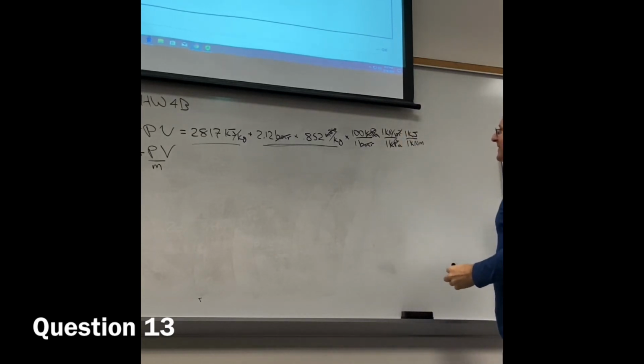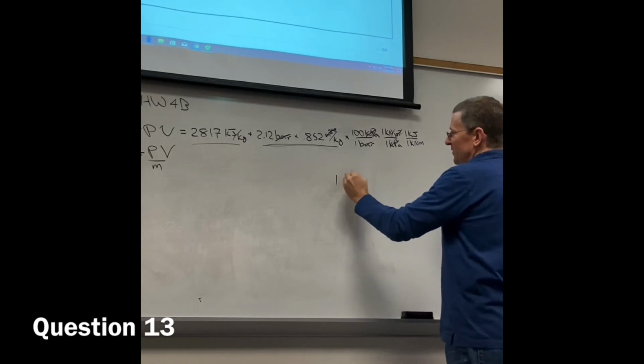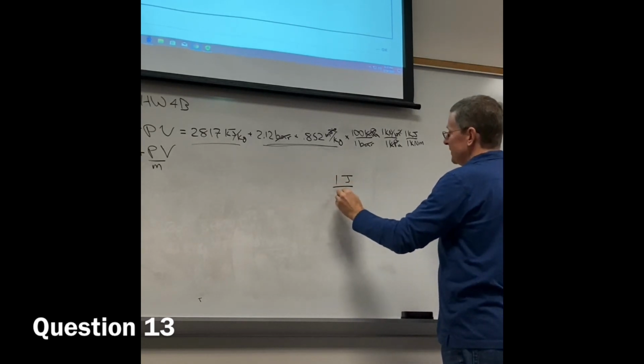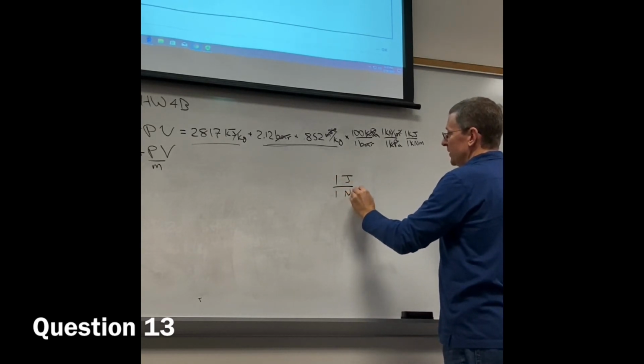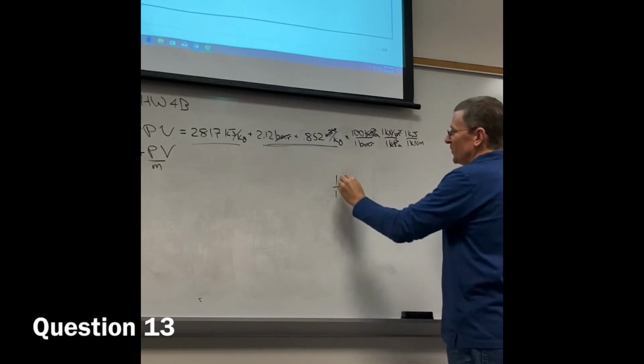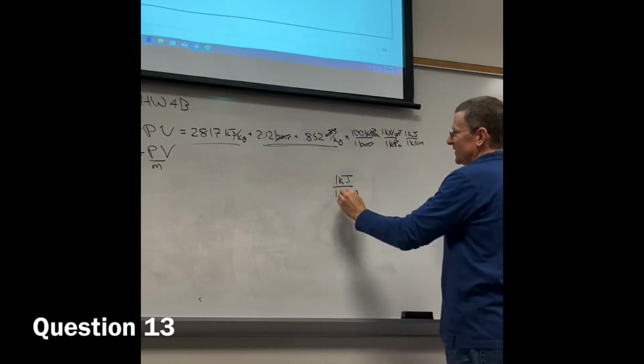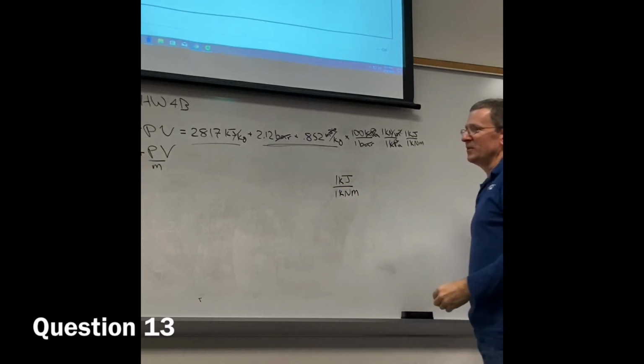kilojoule. Just to be clear, in your definitions, 1 joule is 1 Newton meter, so 1,000 joules is 1,000 Newton meters.